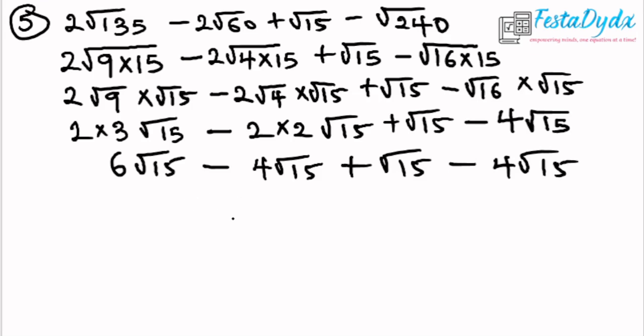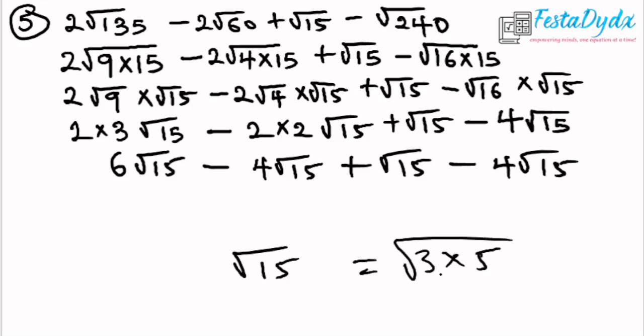But note that 15 can actually still be broken down. If we break it down, it will give us 3 times 5. If you look at the number 3 times 5, 3 is not a perfect square, 5 is also not a perfect square. So we can actually leave it as root 15, which will be our simple surd here. It will be our basic form here.